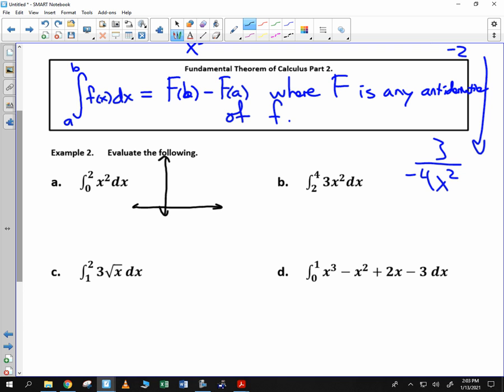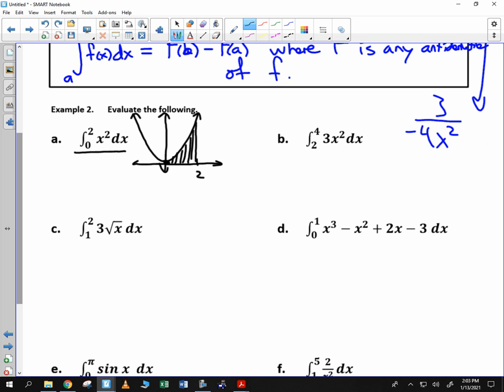x squared looks like that. This means that we would like to find the area from 0 to 2. Starting at 0, going all the way over to 2. No need to draw triangles or rectangles or anything. We simply just shade it in. In order to find that area, it's very simple.